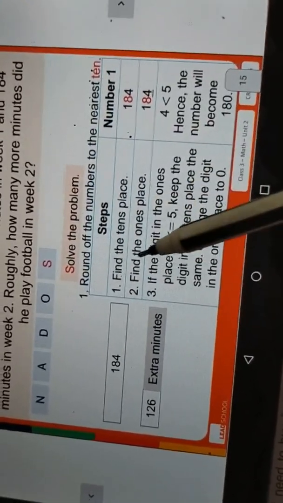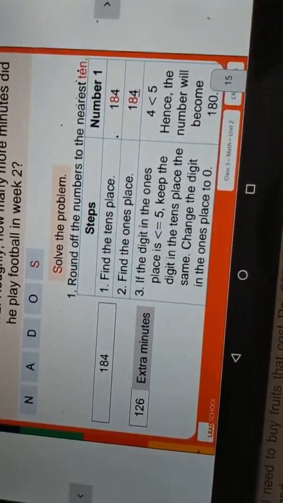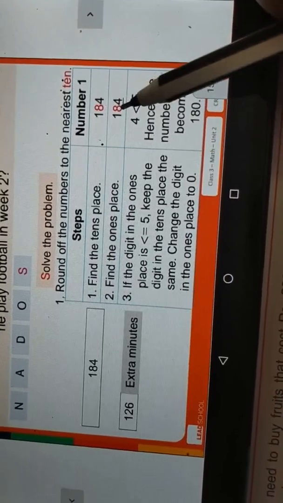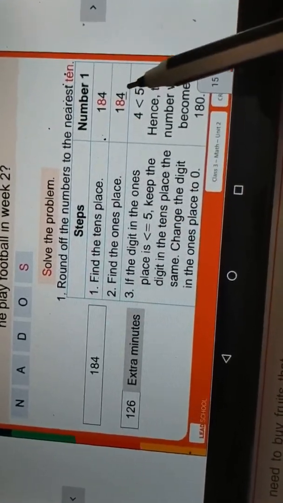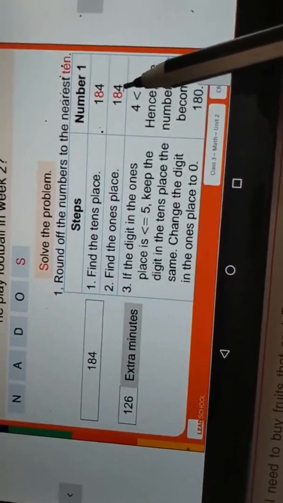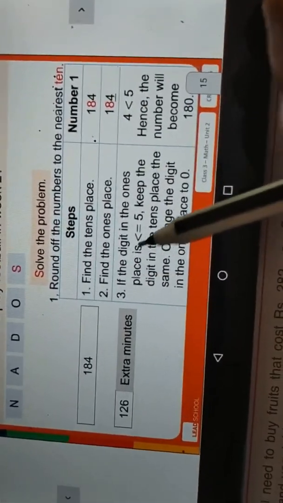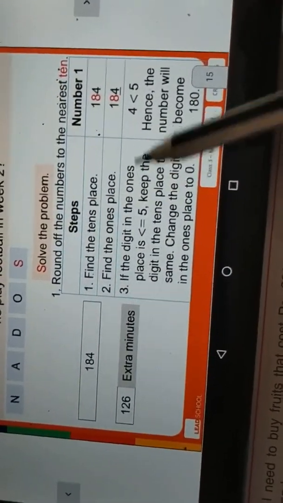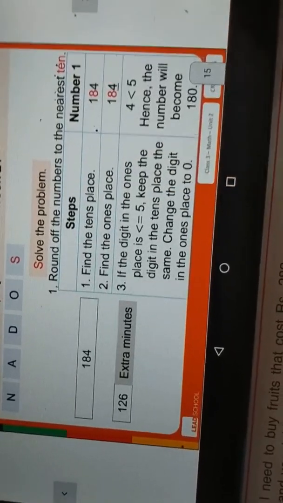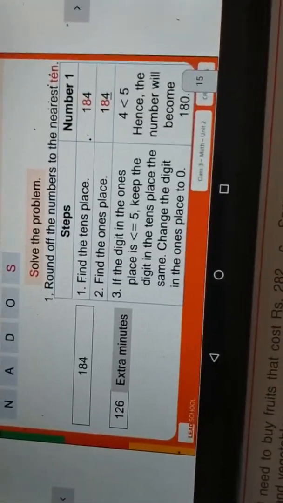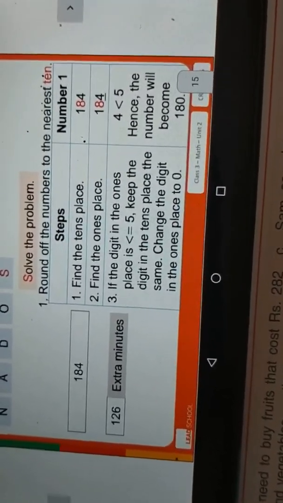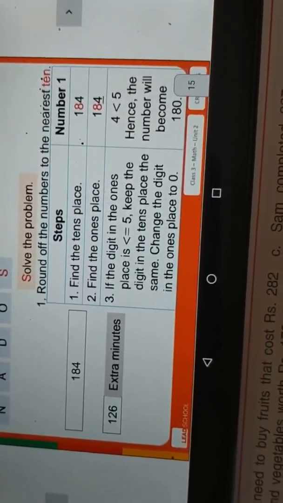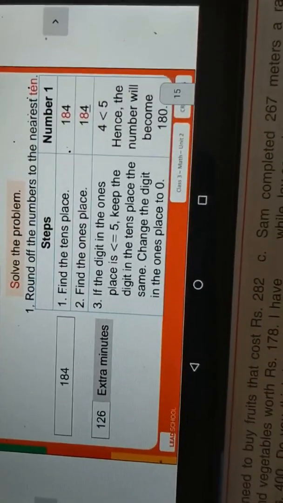So first of all we have to find the tens place. The tens place is 8, right? To find the ones place, the ones place is 4. If the digit in the ones place is less than 5, अगर 5 से कम है digit, ठीक है, keep the digit in the tens place the same and change the ones place to 0.